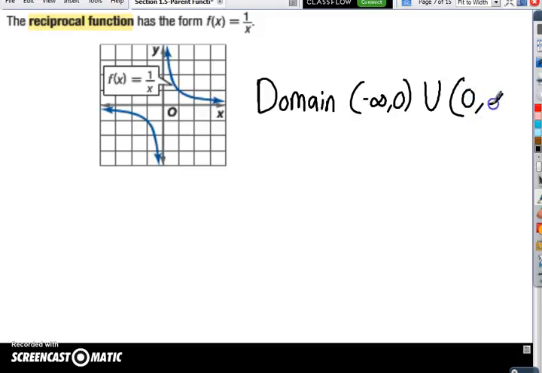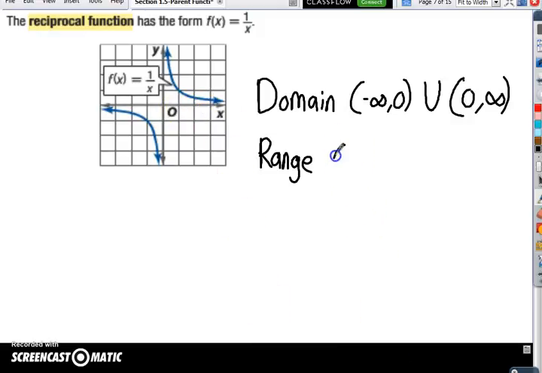Now, why in the world do I have this? Well, if you notice, there's no closed brackets here, so I'm not including 0. Now, my range, I can be anything I want, except what? I'm never going to be able to hit 0 here, am I?